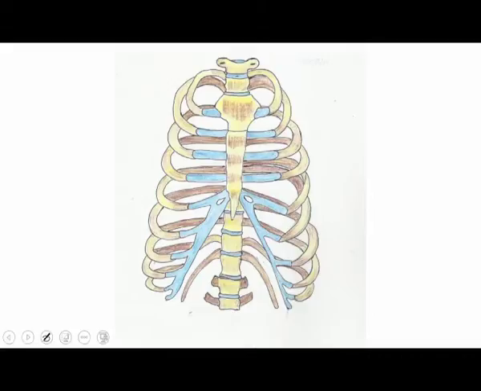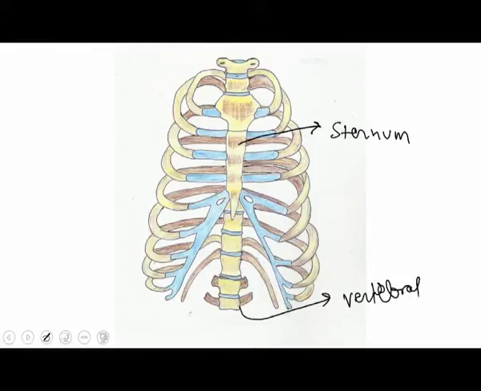So, this is our cage-like chest cavity, and the ventral portion is what you call the sternum, and on the dorsal side you have the vertebral column. So, the vertebral column is on the dorsal side and the sternum is on the ventral side, and these are the individual ribs.